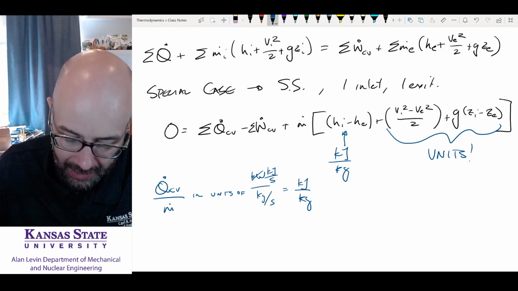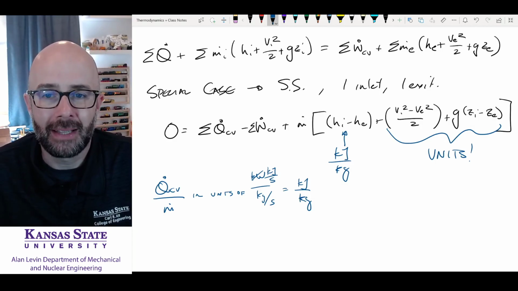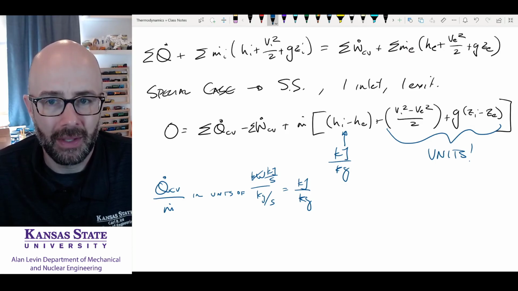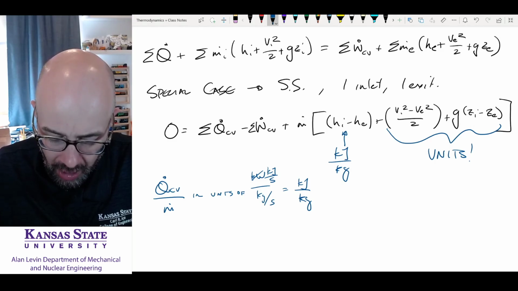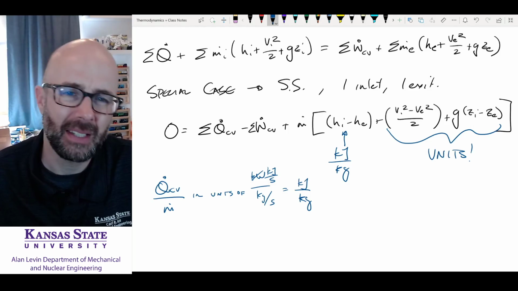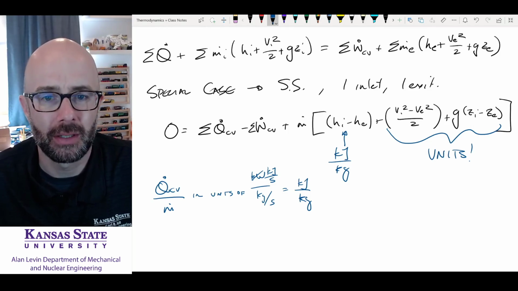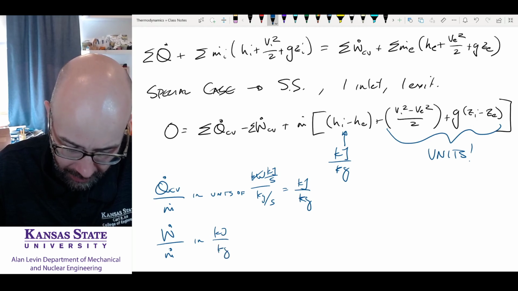They might say, what is the heat transfer rate per unit mass, in units of kilojoules per kilogram. See how the units all work out there. A kilowatt is a kilojoule per second. A mass flow rate is a kilogram per second. The seconds cancel and you get kilojoules per kilogram. Same thing works in the English engineering units. They'll do the same thing for W dot over mass flow rate, in kilojoules per kilogram.